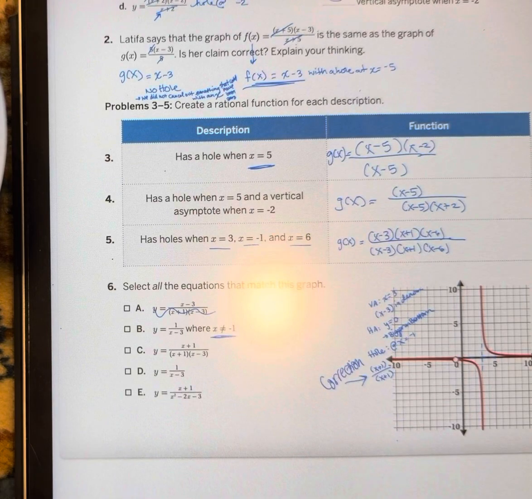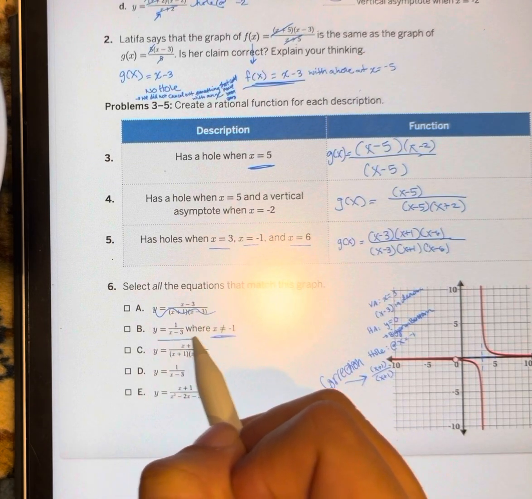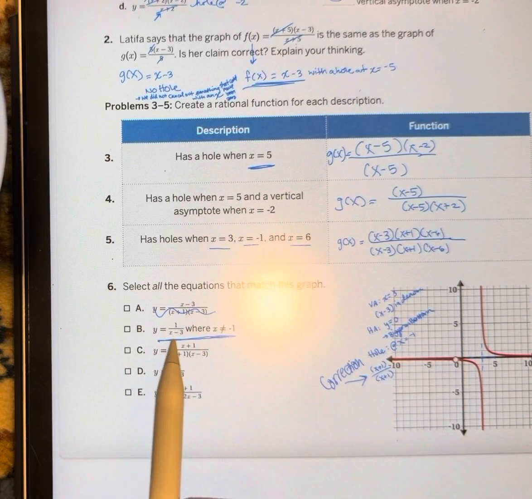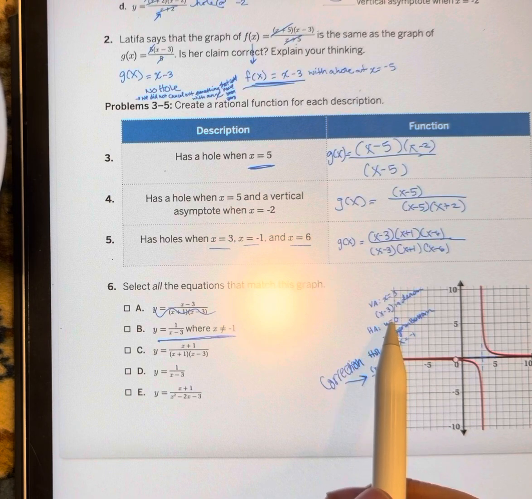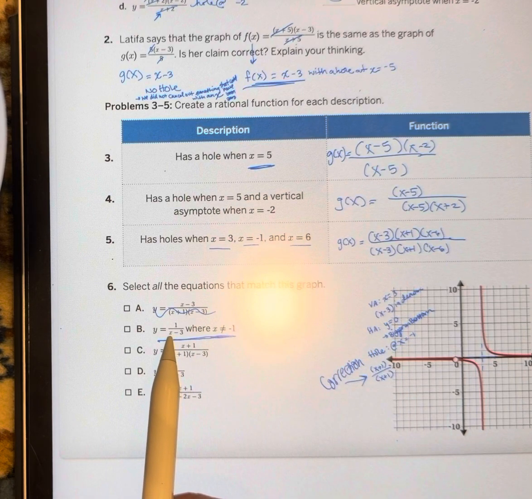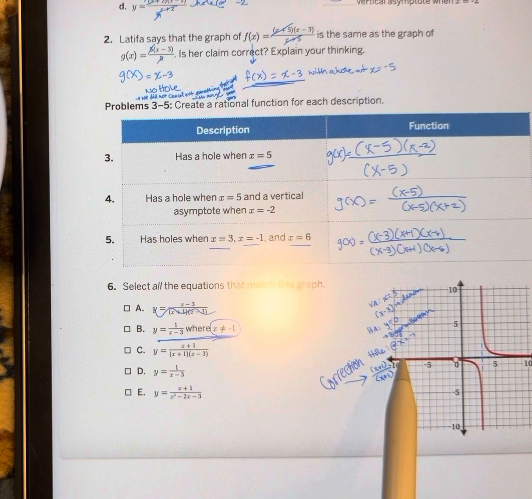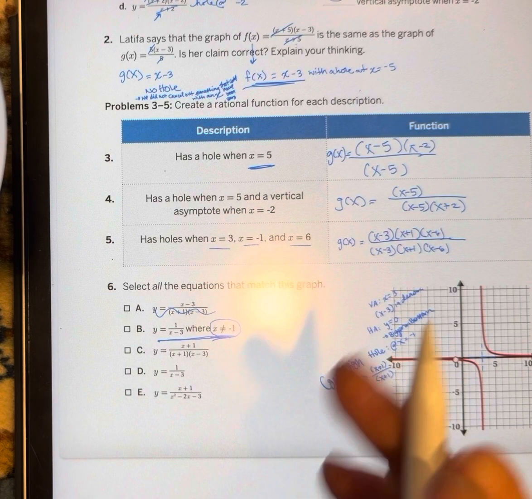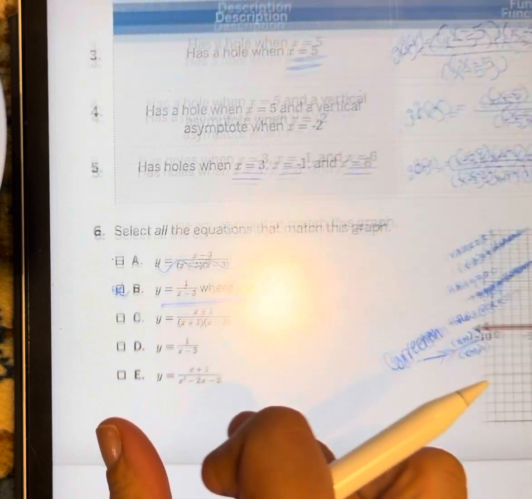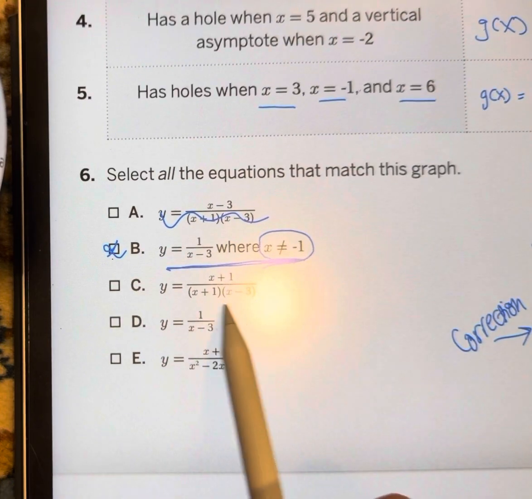Okay. Okay, which makes this okay. If I have 1 over x minus 3, I'm bigger on bottom, I have the x minus 3 in the denominator, and this is going to take care of the hole. X equals negative 1 is a hole. So this one's good. This one is bigger on bottom.